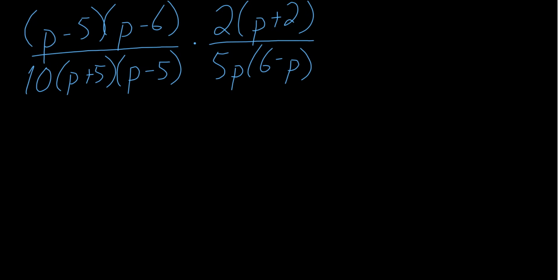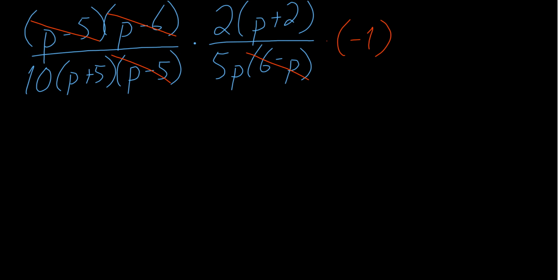All right, now we can start the canceling process. So it looks like right away, the p minus 5s, we knew that was going to cancel out, right? We have a p minus 6 and a 6 minus p right here and right here. Okay, so again, I'm going to cancel them, but then immediately I'm going to put, times -1 right here, just to keep track. And then it looks like, well, that's it. Okay, so now I can proceed for the finish.